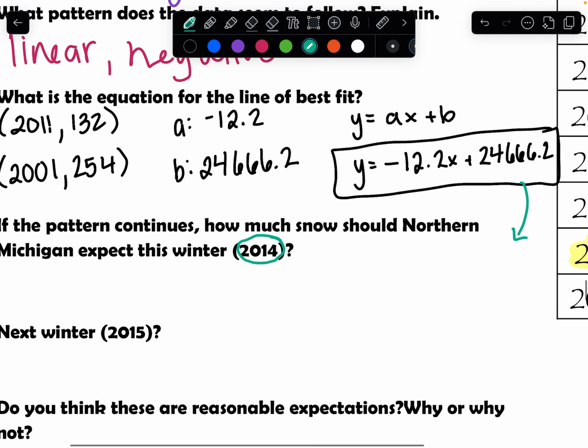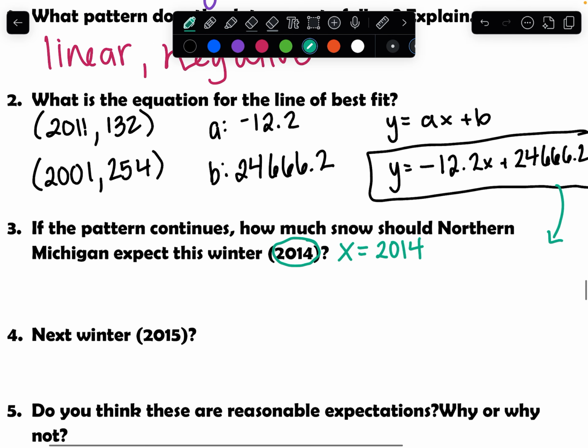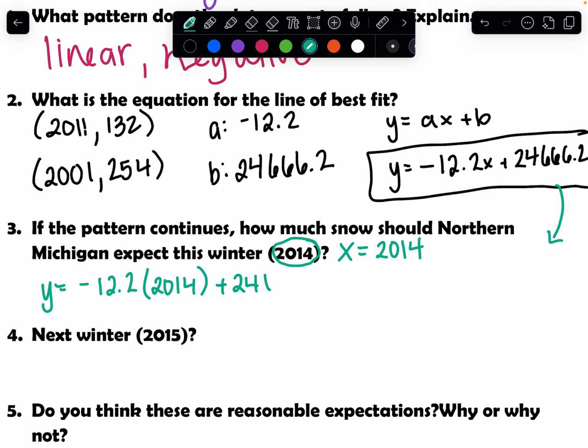So what that means is we're going to plug in 2014 for x. So y equals negative 12.2 times 2014. We don't change the year because we didn't tell our calculator we're starting with 0. Plus 24,666.2.